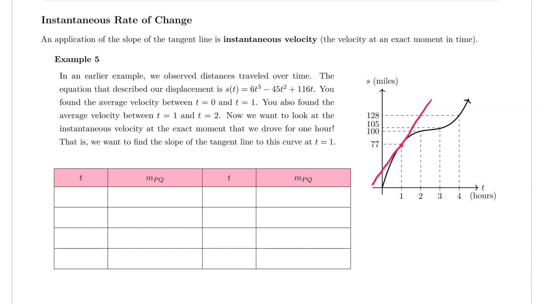If we want our tangent line to go through the point (1, 77), 1 is our t value. So when we're making this table, we want to choose values that are really close to 1. Let's go ahead and plug in some t values into my table.